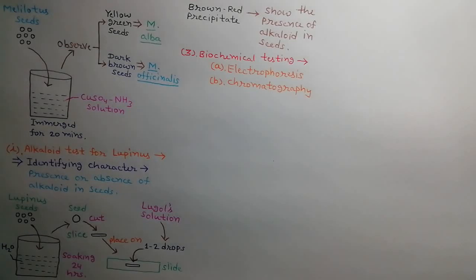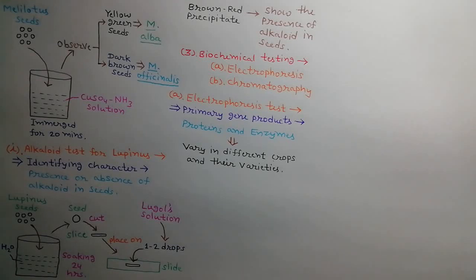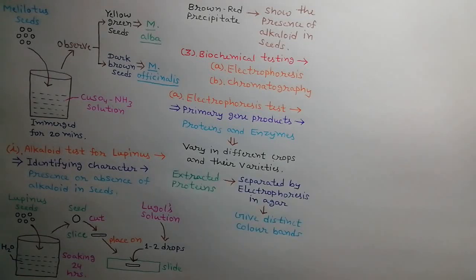There are two main biochemical tests for testing the genetic purity: electrophoresis and chromatography. Proteins and enzymes are the primary products of genes. So the proteins and enzymes found in different crops and different varieties of a crop differ significantly.